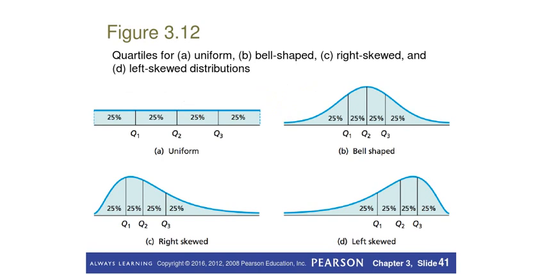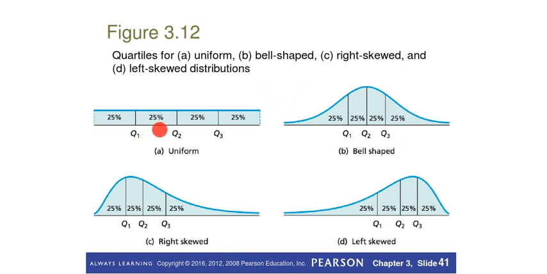These numbers, Q1, Q2 and Q3, are called quartiles. It sounds a lot like quarters, and it is exactly that. 25% of all of the data falls less than quartile 1.